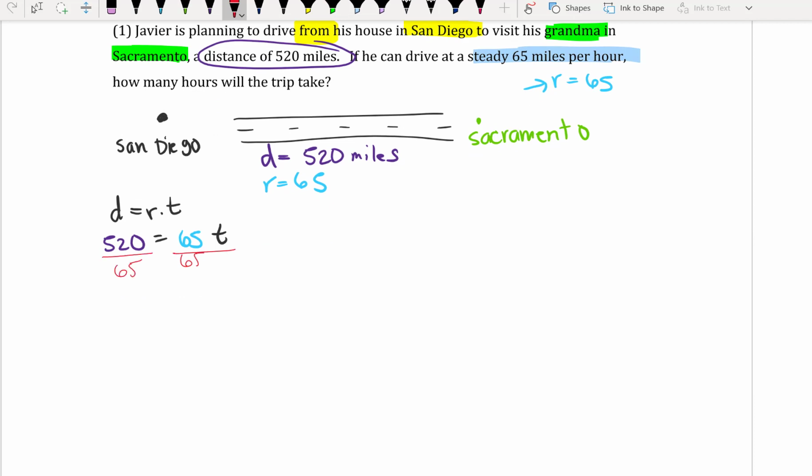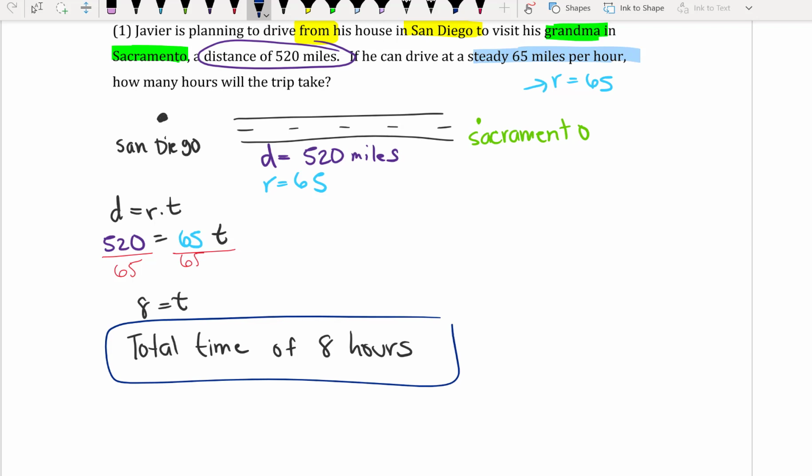So 520 divided by 65 gives me 8. Since T represents my time, I will have my total time of 8 hours. And that would be my final answer.